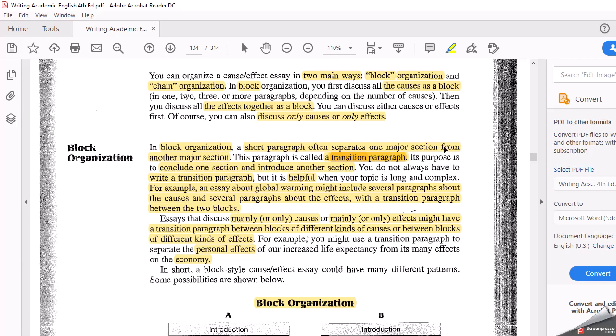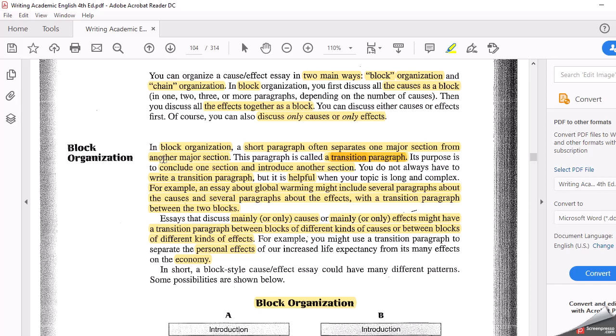But what do we mean by one major section and another major section? We will discuss this more. Its purpose, the goal of this transition paragraph, is to conclude one section and introduce another section.